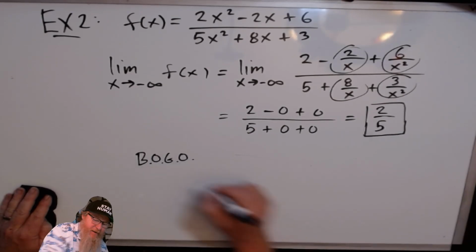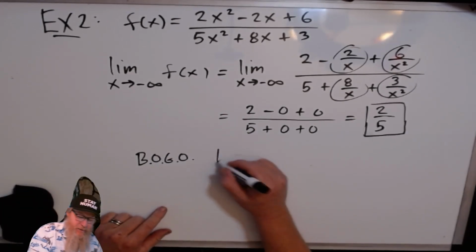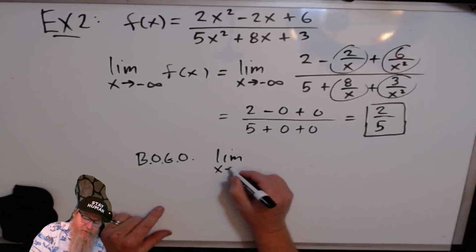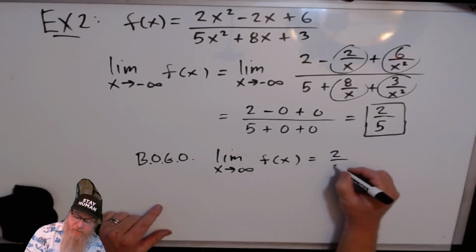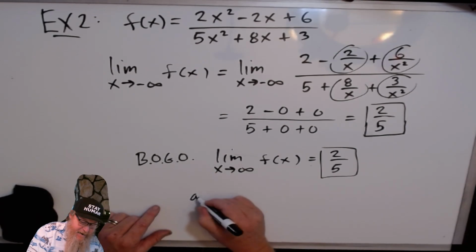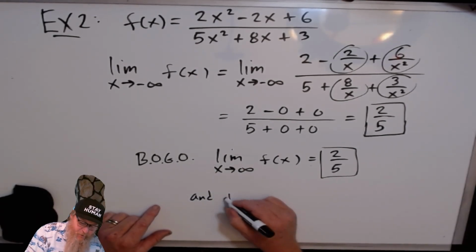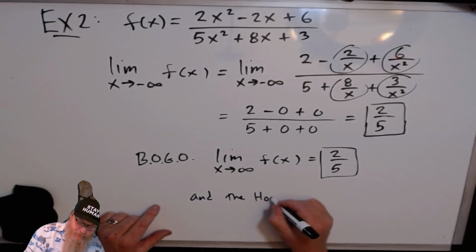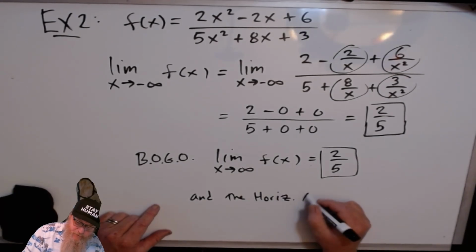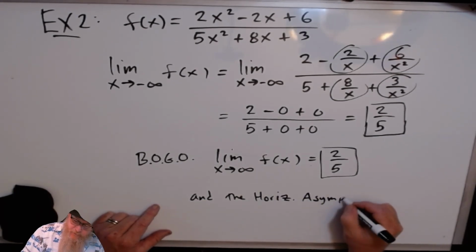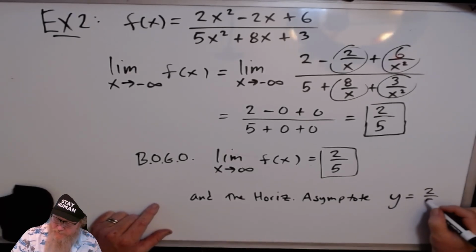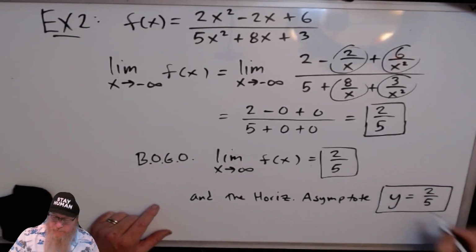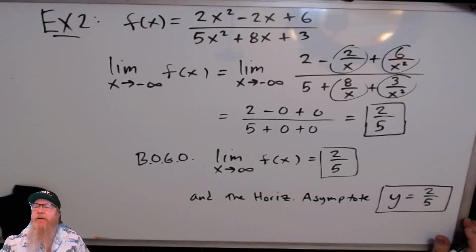You don't have to say that, but I'll say that. The limit as x goes to positive infinity is also 2/5, and there is a horizontal asymptote y equals 2/5.